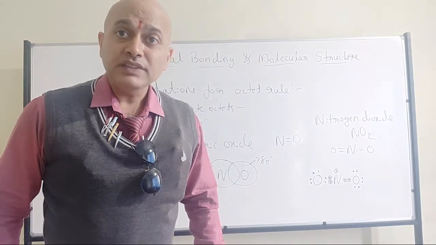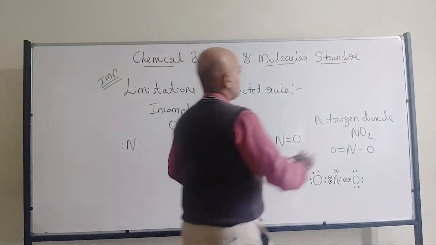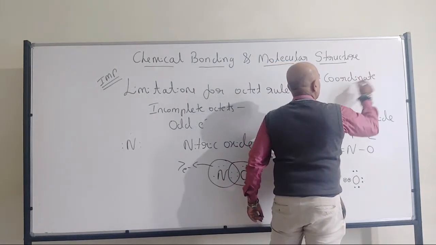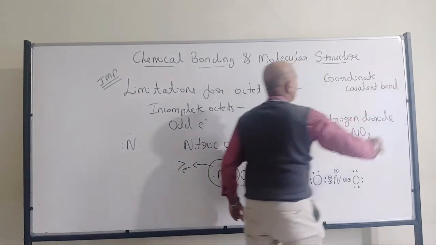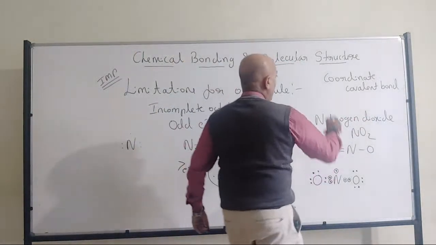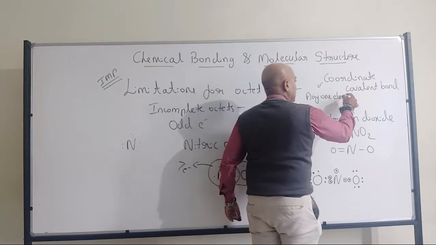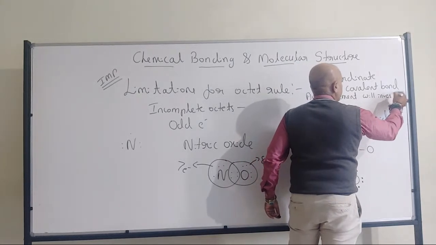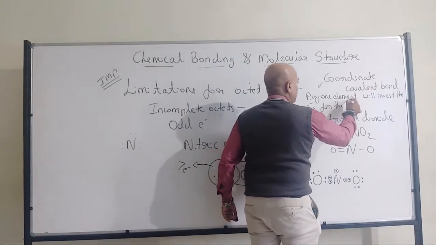All of you have understood? So this type of covalent bond is called a coordinate covalent bond. Okay? So it is a covalent bond only. So what do you mean by coordinate covalent bond? It means any one element will invest the electrons for the bond formation.